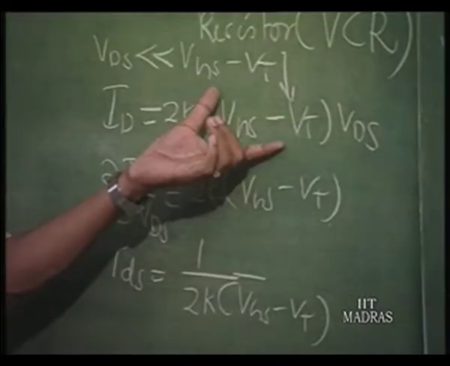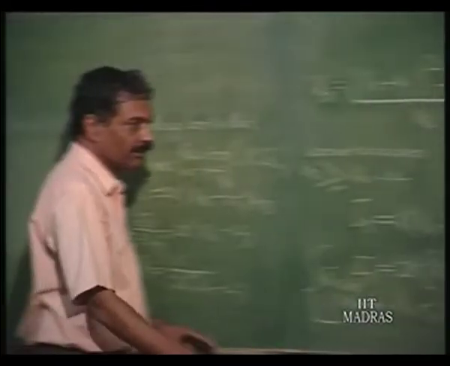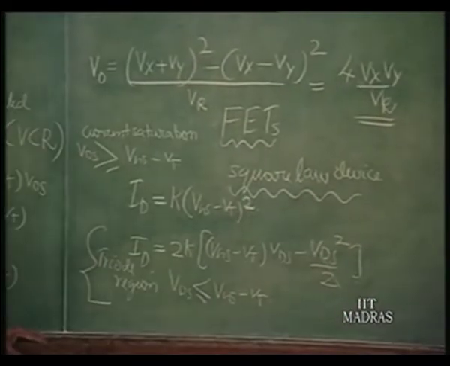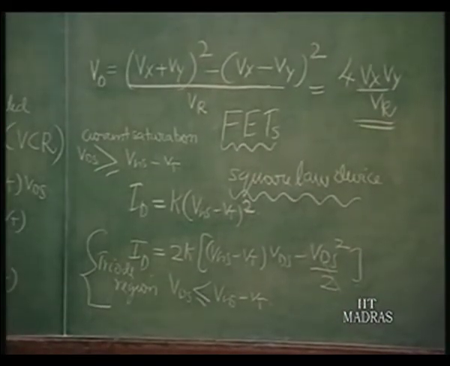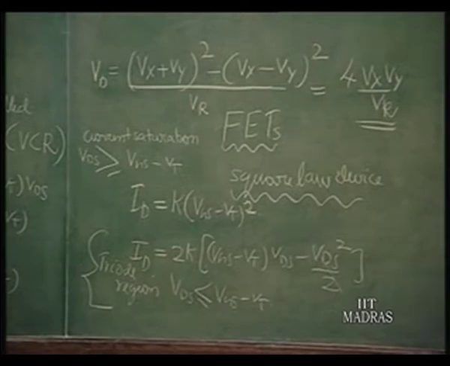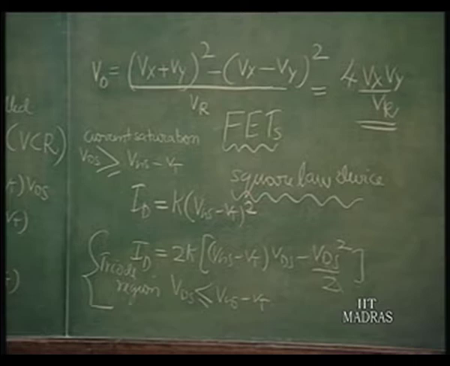Why should we have this condition? Why can't we compensate for this nonlinearity? How can we get rid of this VDS squared by 2? That can be easily done if you now see that the FET is going to be used in the following manner.